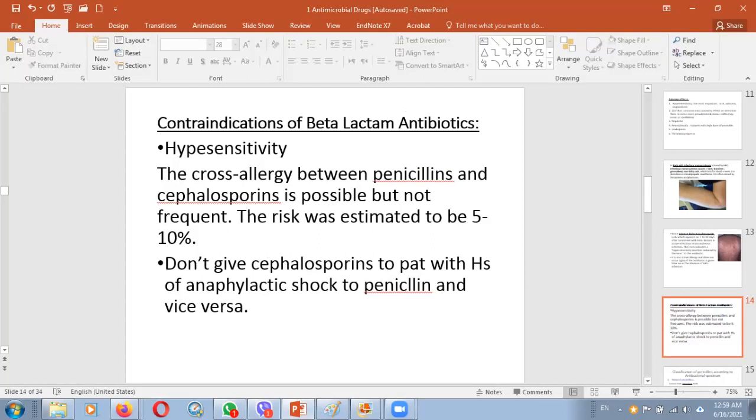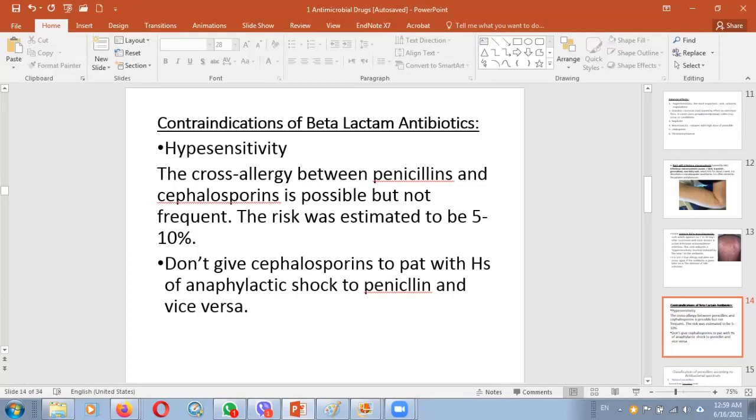This will deprive them of the benefit of beta-lactams as a first choice drug for many bacterial infections. So if the patient is really proved to be hypersensitive, okay, don't give beta-lactam to this patient.